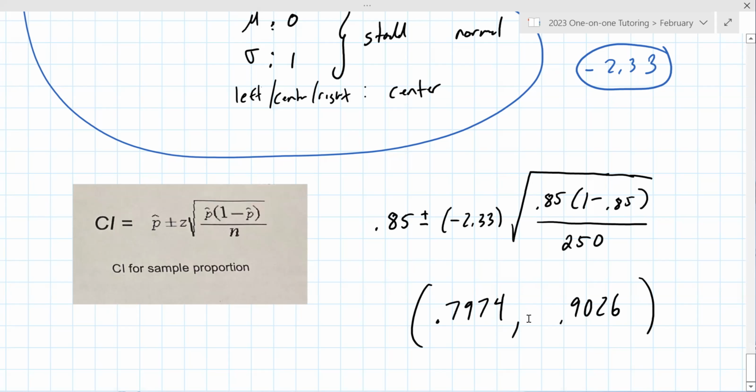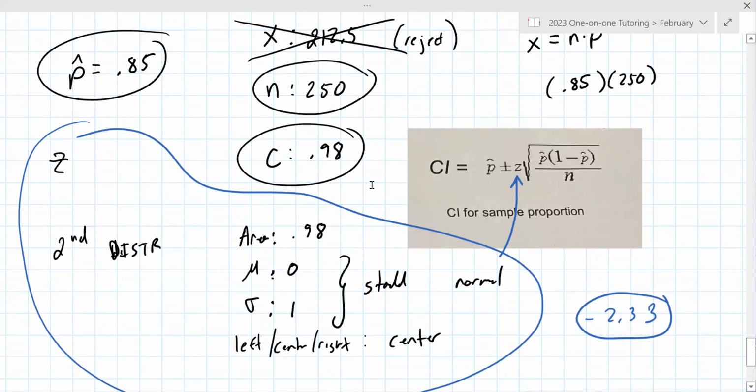Okay, so let's do a few more of these Z calculations. So I'll make up just another quick problem here. Okay. So let's say you know that 12% of students, I don't know, own a, well, it doesn't really matter.